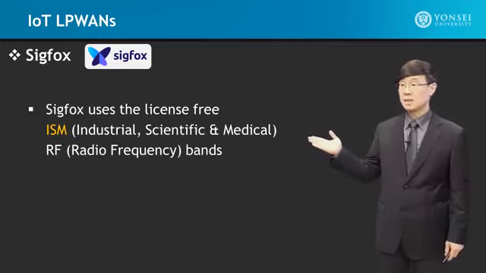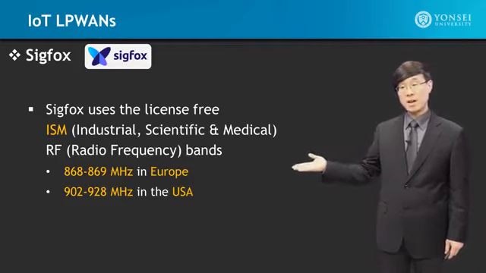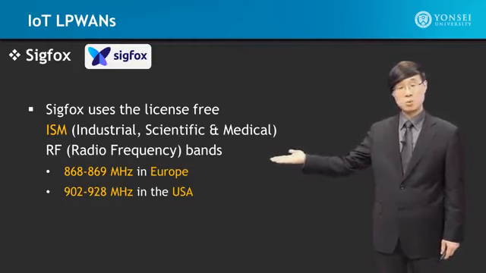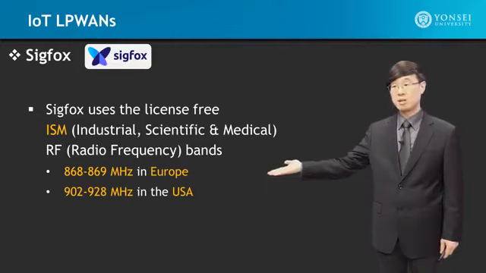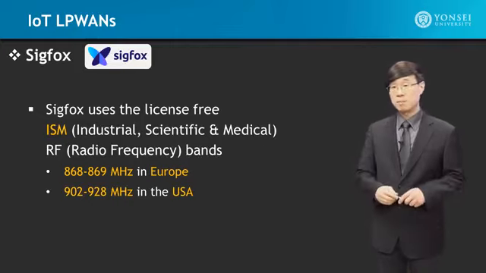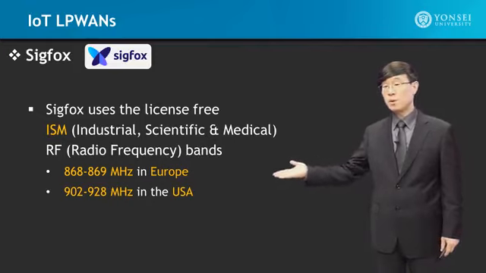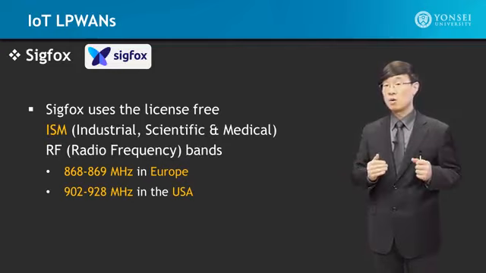Sigfox uses the license-free ISM band, and the ranges that are used are the 800 MHz range in Europe and the 900 MHz range in the United States. These ISM band frequencies have characteristics that penetrate solid objects very well.